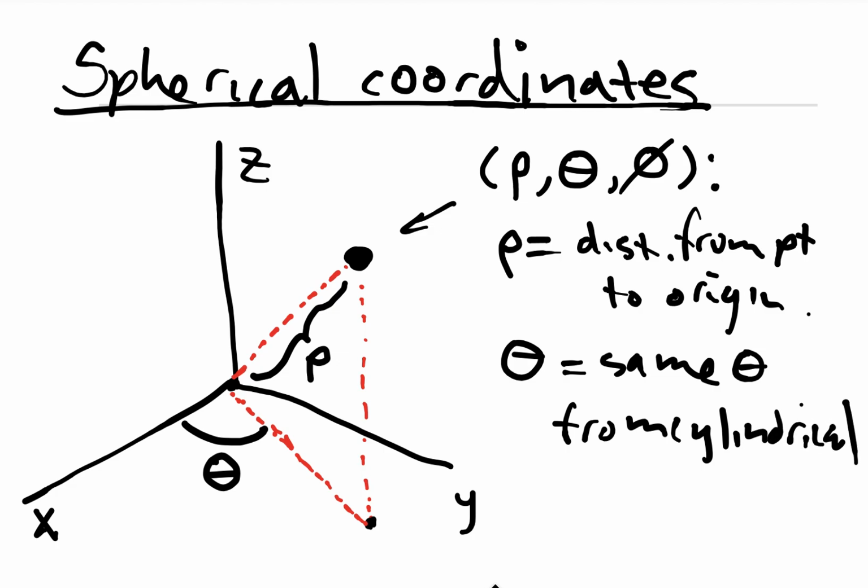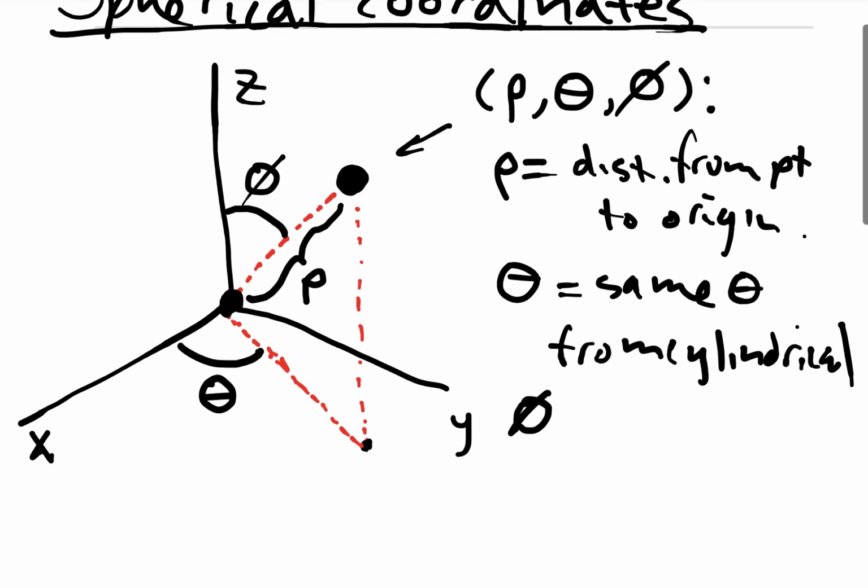Now this last coordinate: you'll notice that I had drawn this line from my point in question to the origin, and that gave me this line segment. What I'm going to do now is think about the angle from the positive z-axis towards that line segment. That is going to give me my phi. So here I'll add a little extra detail.